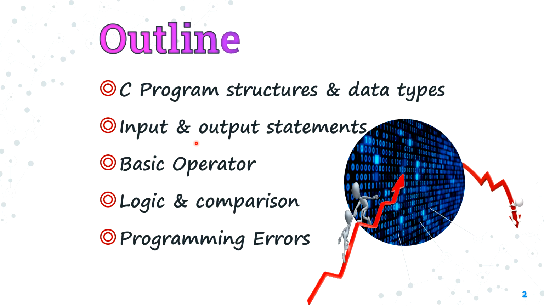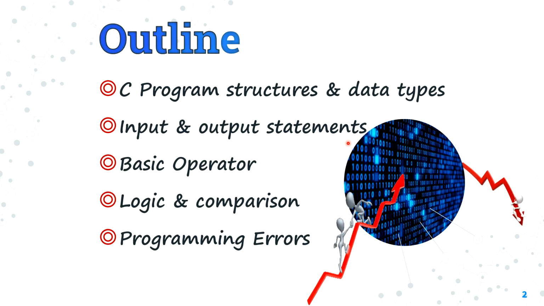followed by input and output statements. This is the subtopic where you will learn how programs receive data from users and display results. The third one is the basic operators.